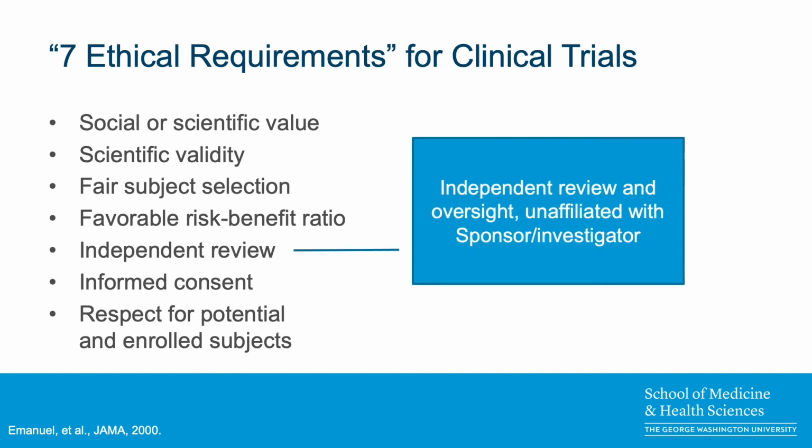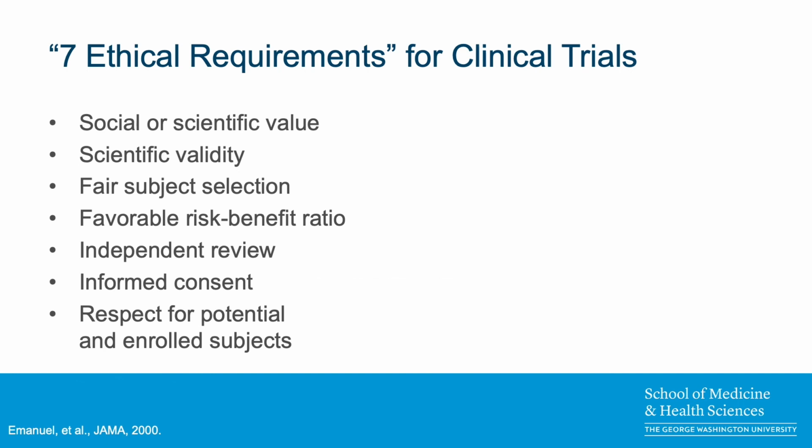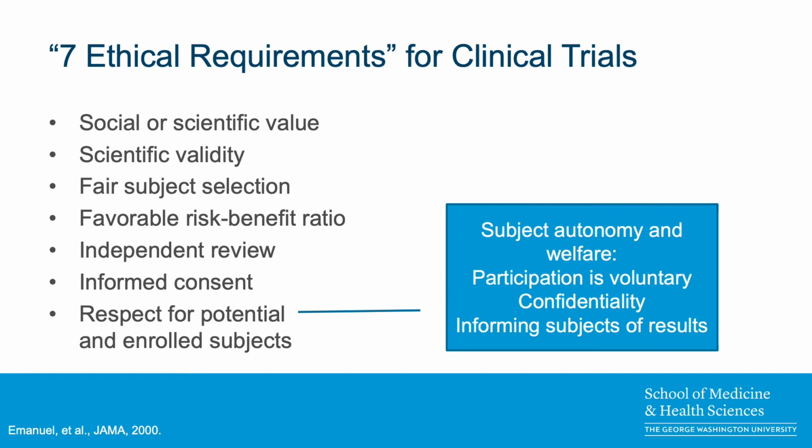Clinical trial protocols should have independent review by an organization that's unaffiliated with the sponsor or with the investigator. And we've talked a little bit about informed consent. And the last one is respect for potential and enrolled subjects.